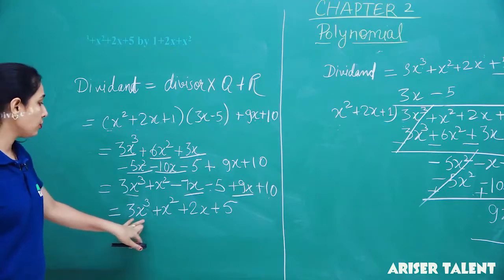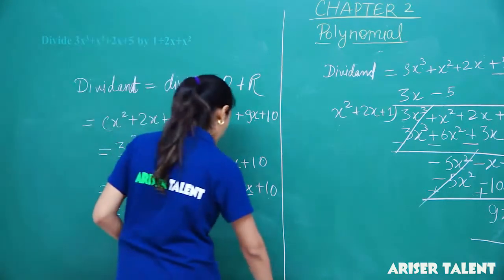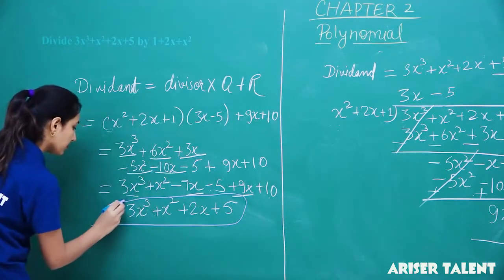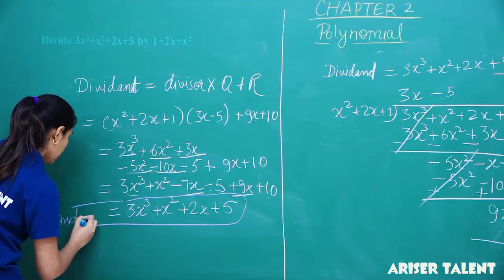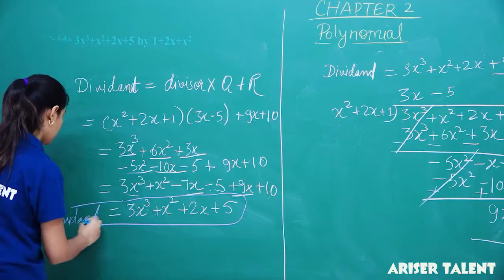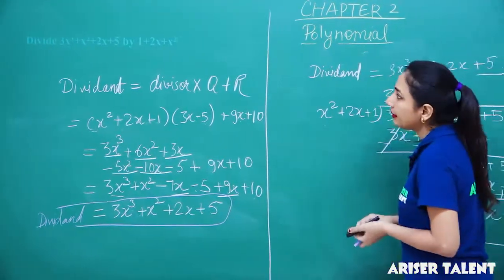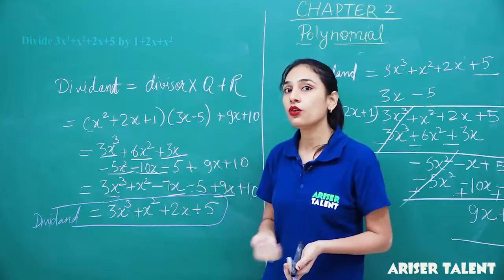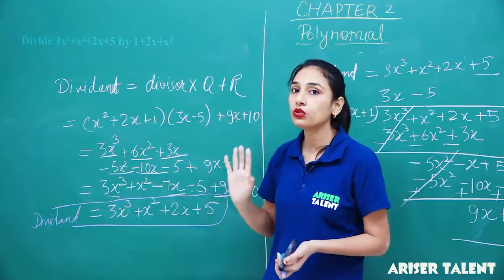Now 3x cube plus x square plus 2x plus 5, this is what? This is your dividend. Okay, so now you can see that this is also true in the case of cubic polynomial, even if remainder is not equal to 0.